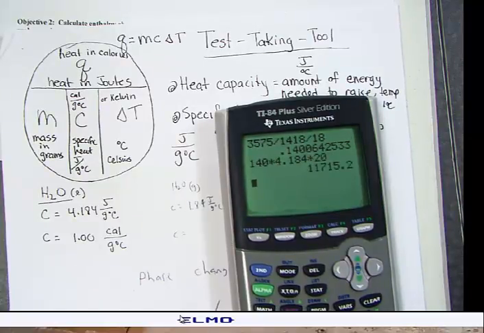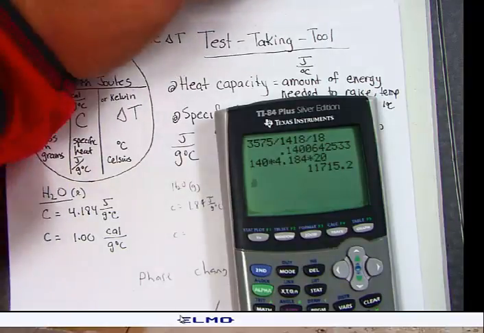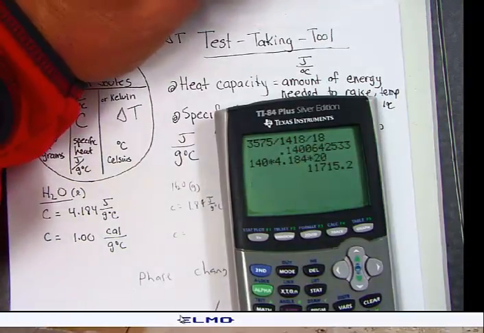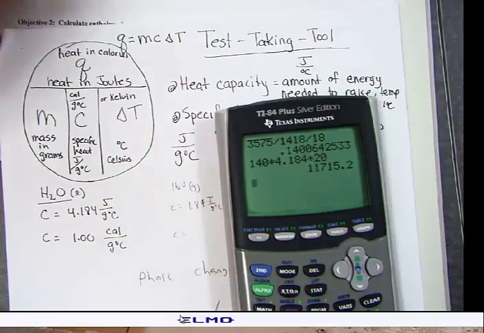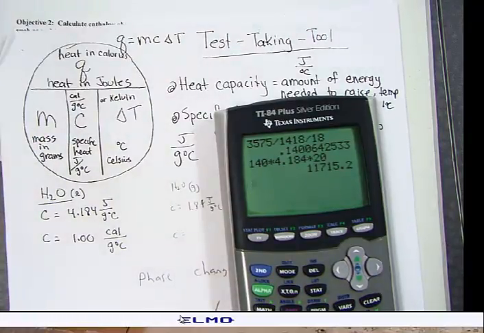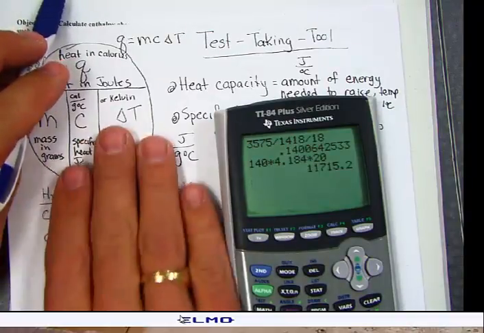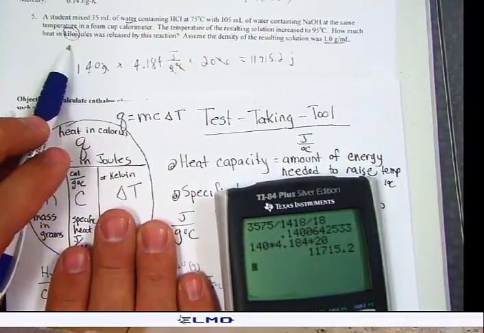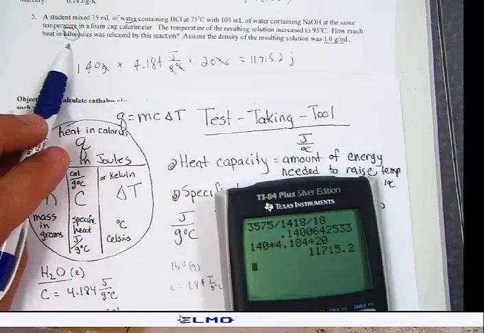Enter. That equals 11,715.2. Now let's see what units. Grams, grams, degrees Celsius, degrees Celsius. That would be joules. Is that what they wanted to know? Close. They wanted to know kilojoules.